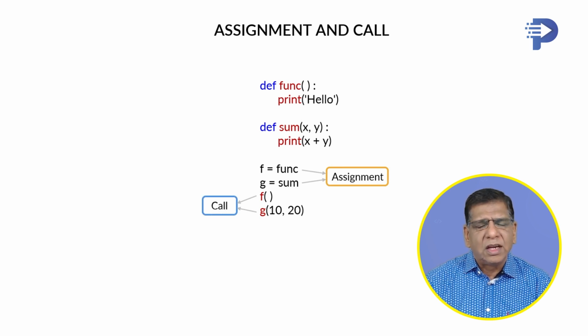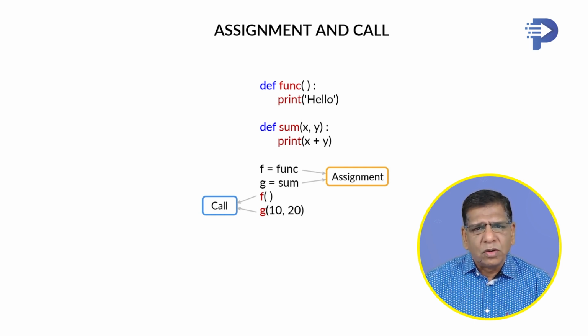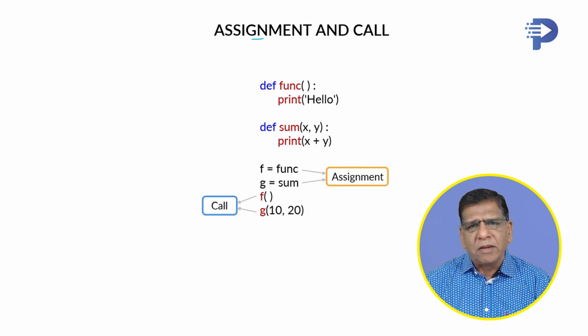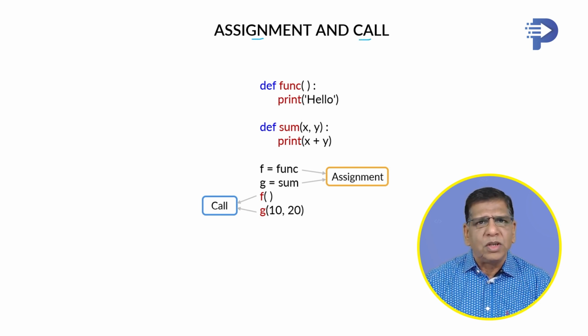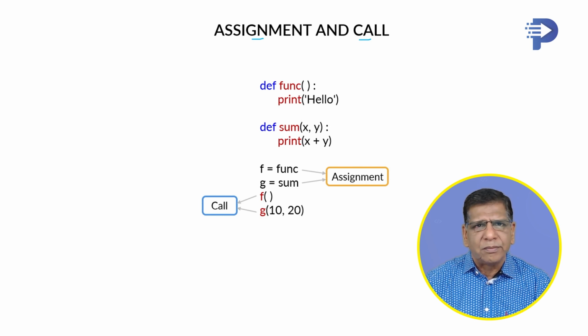So f and g are merely calls to the functions func and sum. So we now know how to assign a function to a variable, and once assigned, how to use that variable to initiate a call to that function. So both of these stand done.